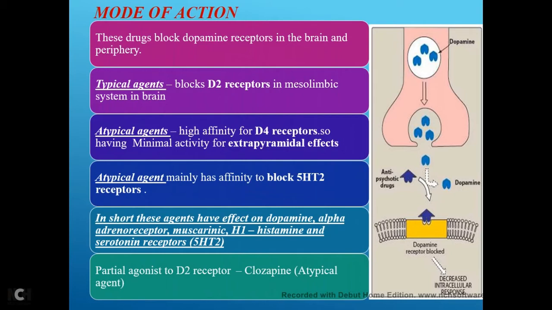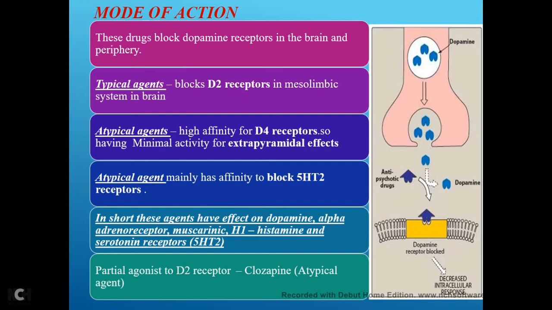Mode of action of antipsychotic drugs: they block dopamine receptors in the brain and periphery. Typical agents block D2 receptors in the mesolimbic system in the brain, and atypical agents have high affinity for D4 receptors, so have minimal activity for extrapyramidal effects, and also have affinity to block serotonin receptors.